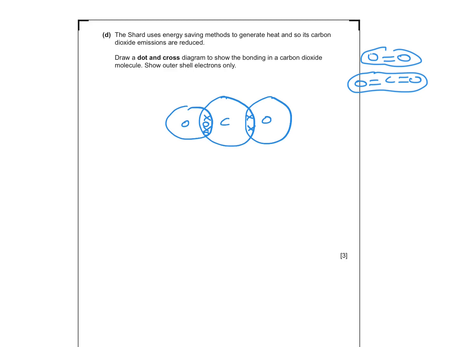So an electron from the oxygen has to pair up with an electron from the carbon. So we've already used up 2 of the 6 electrons in the outer shell of oxygen. 1, 2, 3, 4, 5, 6. And then do the same thing on the other oxygen. It's going to be 1, 2, 3, 4, 5, 6.